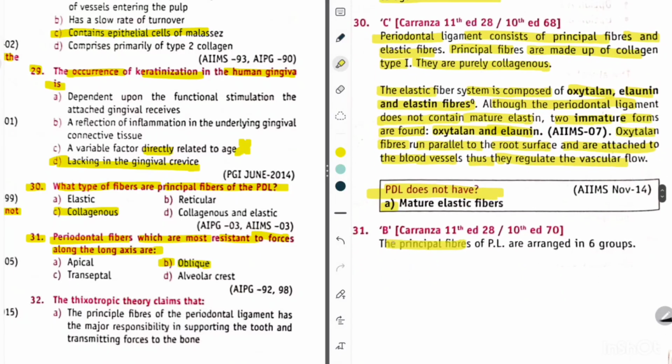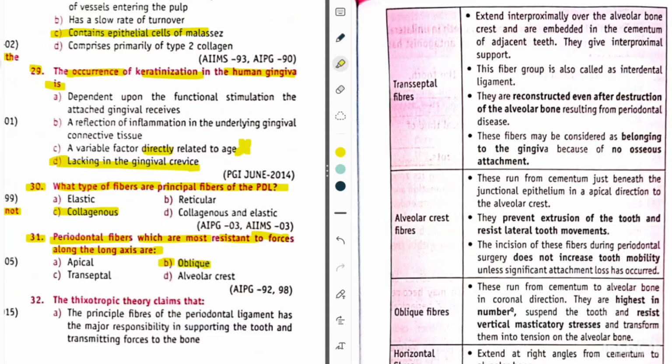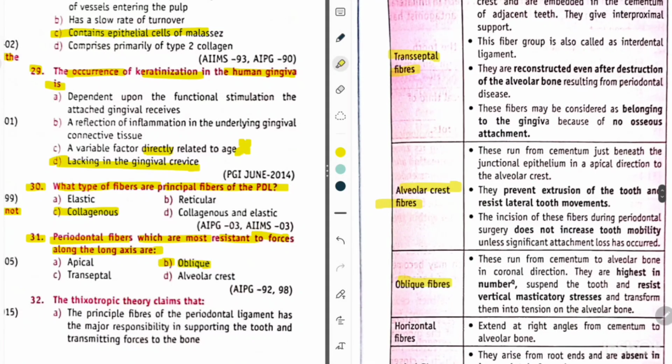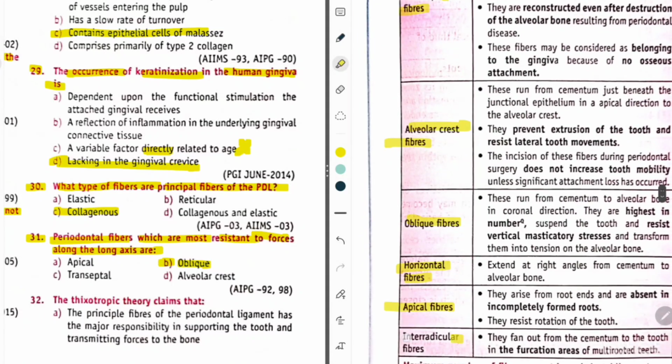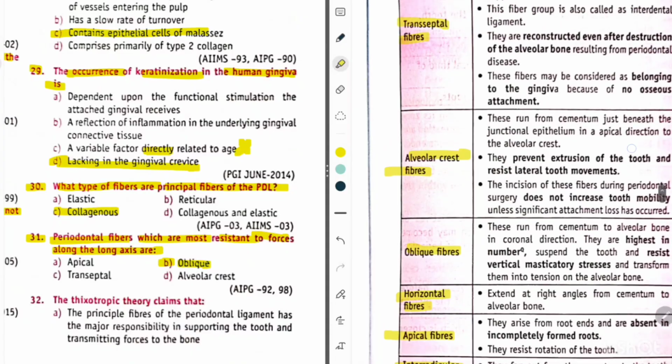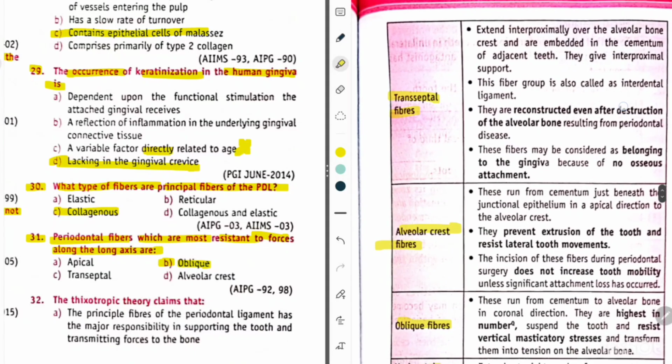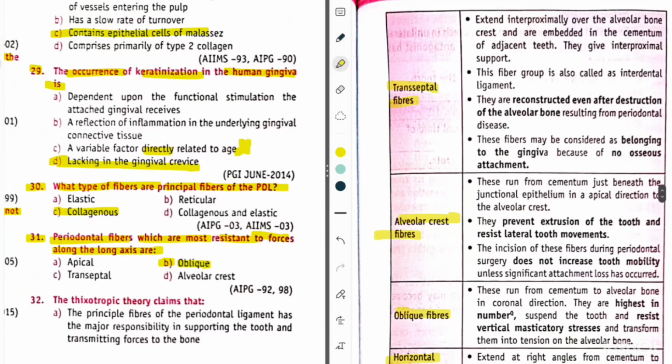The principal fibers of PDL are arranged in 6 groups: transseptal fibers, alveolar crest fibers, oblique fibers, horizontal fibers, apical fibers and interradicular fibers. So let's learn one by one about each. Transseptal fibers, they extend interproximally over the alveolar bone crest and are embedded in the cementum of adjacent teeth.